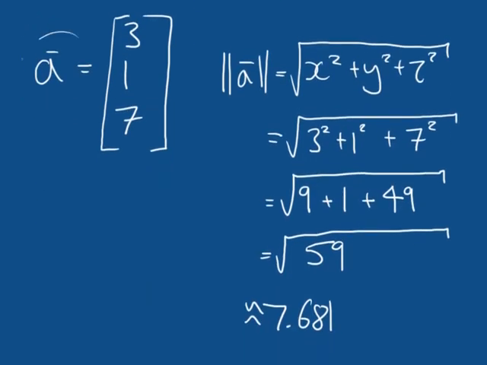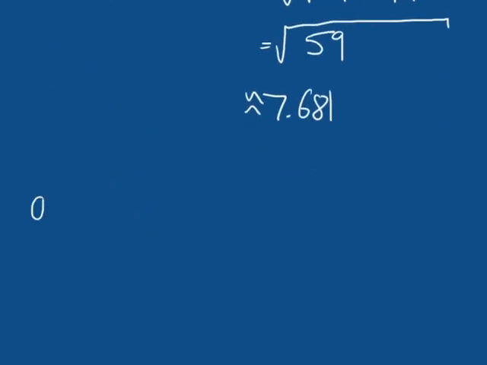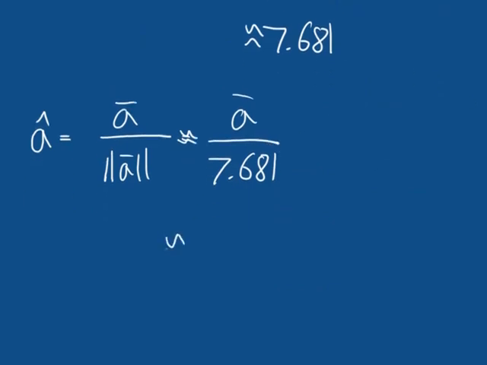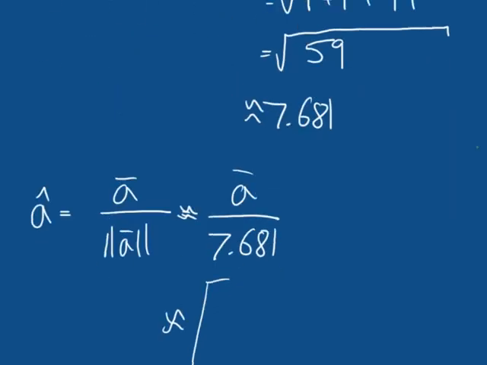If we want to normalize A so that we have a unit vector in the same direction as A, we're going to take each component of our 3D vector and divide it by the length of A. So that means A hat is equal to A divided by the magnitude of A, which is equal to A divided by 7.681, or I should say approximately equal to, since this is an approximate value, which is approximately equal to, so we had 3 as our x component.